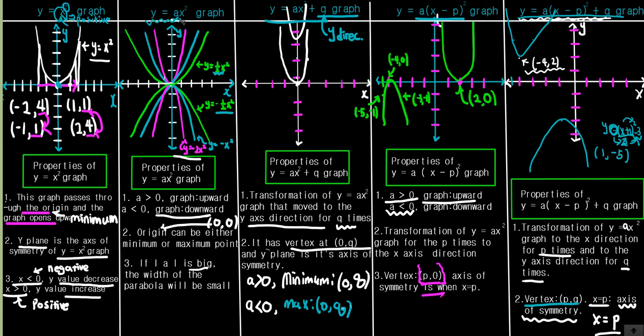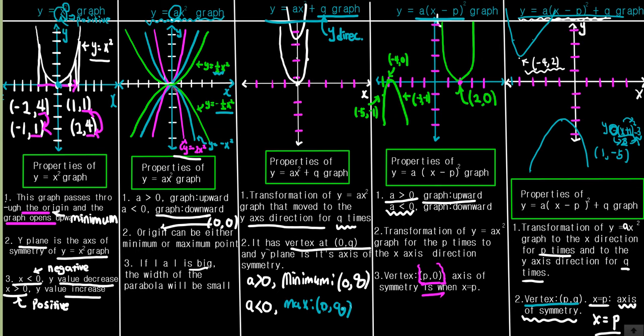Let's think about it in terms of the y equals a x squared graph. The y equals a x squared graph is the addition of the a, which defines the quadratic function's format, whether it goes upward or downward. It was a basic format, and this is an advanced format of the y equals x squared graph.